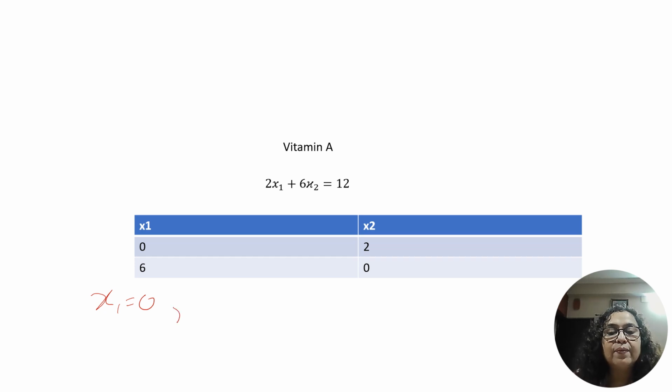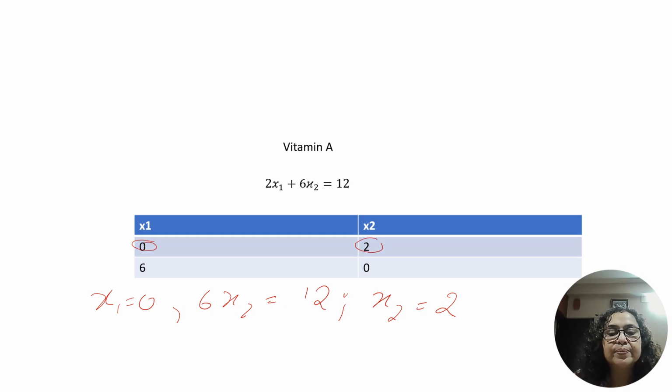And so we have 6x2 is equal to 12. And so we get x2 is equal to 12 by 6, so you will have here 0 and 2.